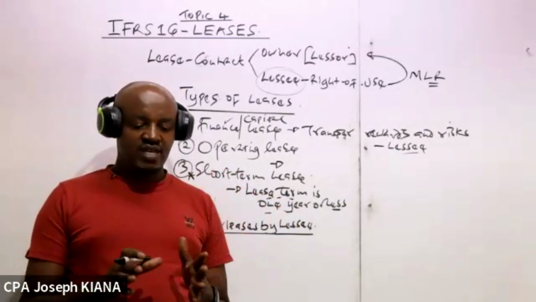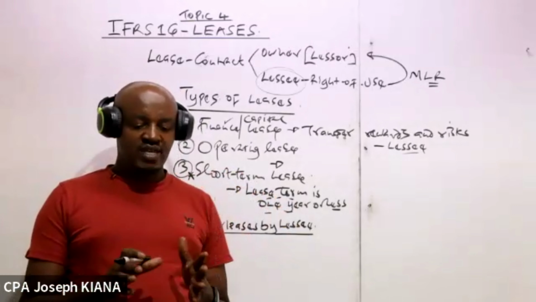Number one, he should recognize something called the lease liability. And number two, he must also recognize something called the right of use asset. So these are the two items which the lessee is supposed to recognize in his books of account.